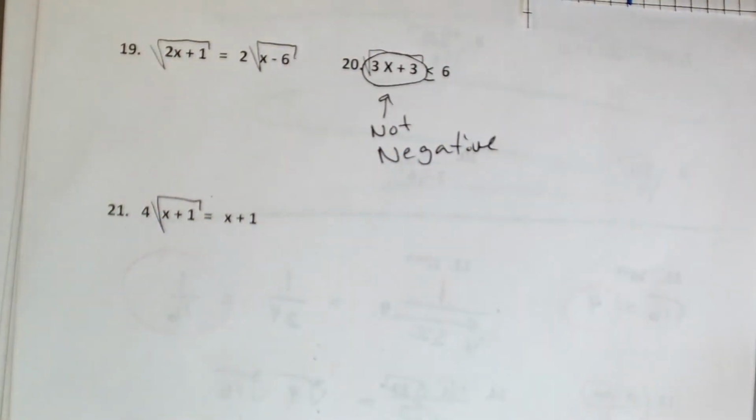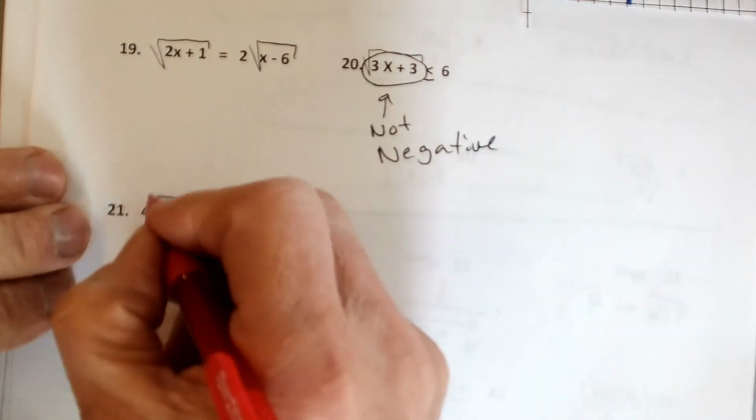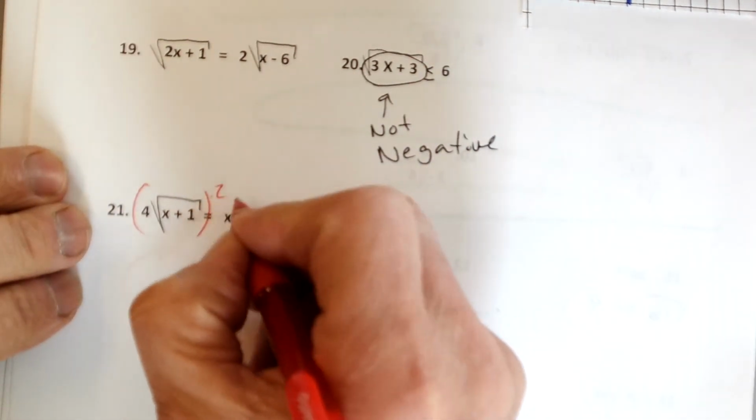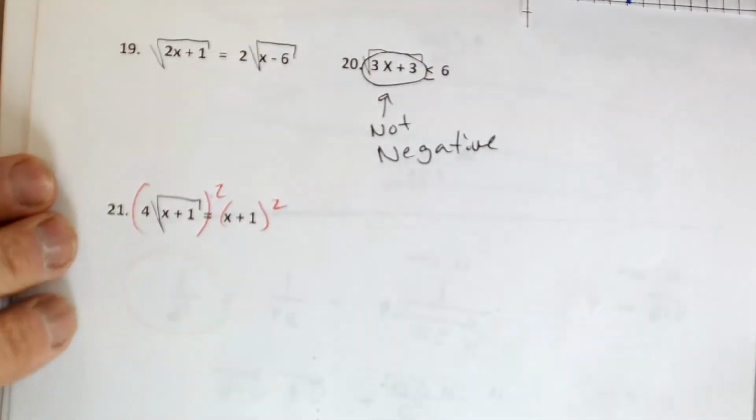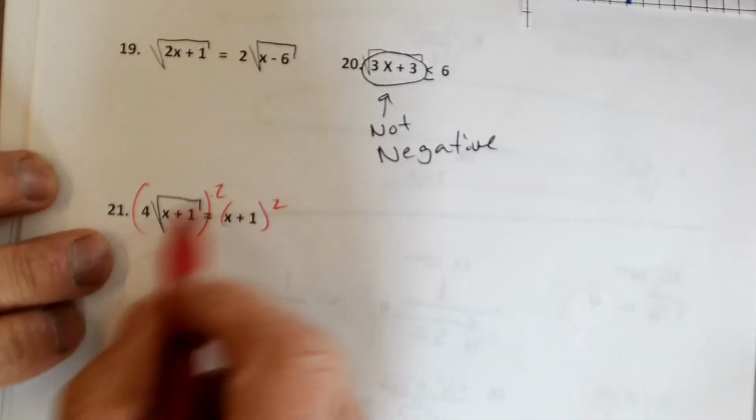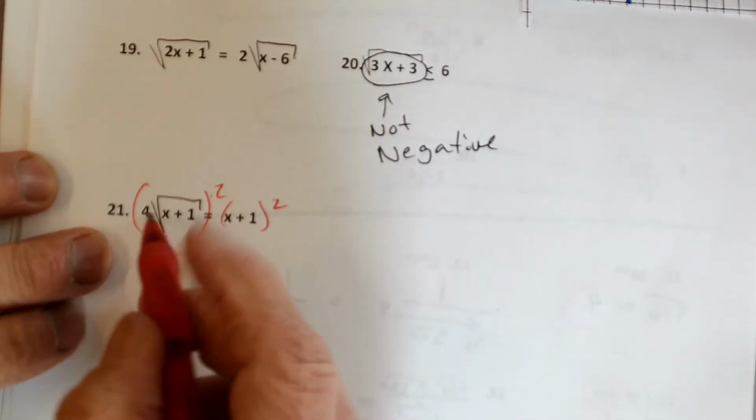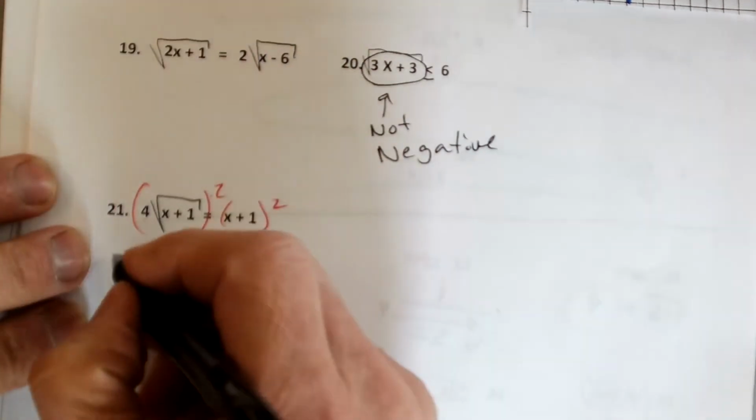21, okay? I can probably fit 21 right on here. I've got enough room. Step 1, square both sides. I think we've done this problem before. We have to square the 4, which is 16.